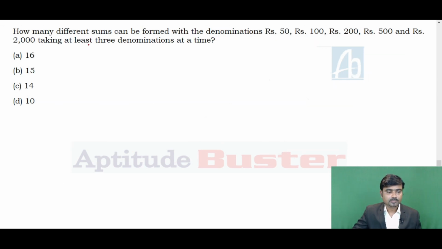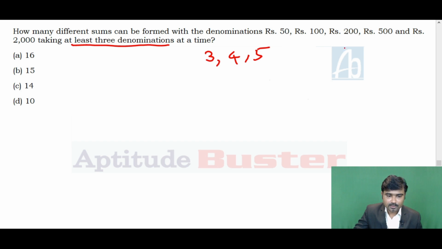Have you understood? How many different sums can be found with the denominations rupees 50, rupees 100, rupees 200, rupees 500 and rupees 2000, taking at least 3 denominations at a time? Listen here. Here it's given at least 3. That means we can choose 3, 4 or 5.